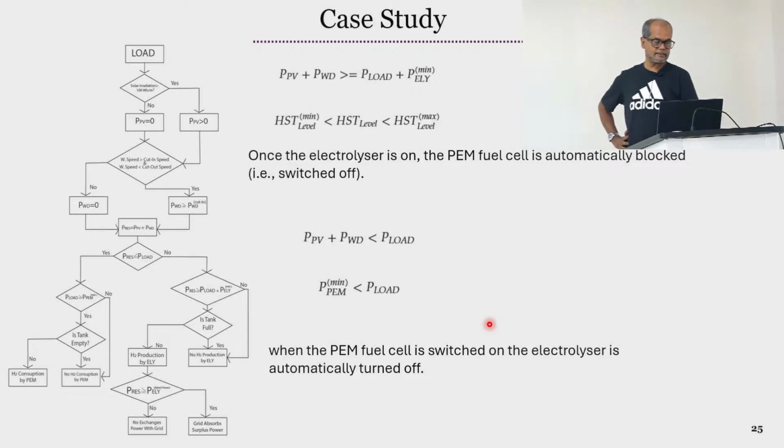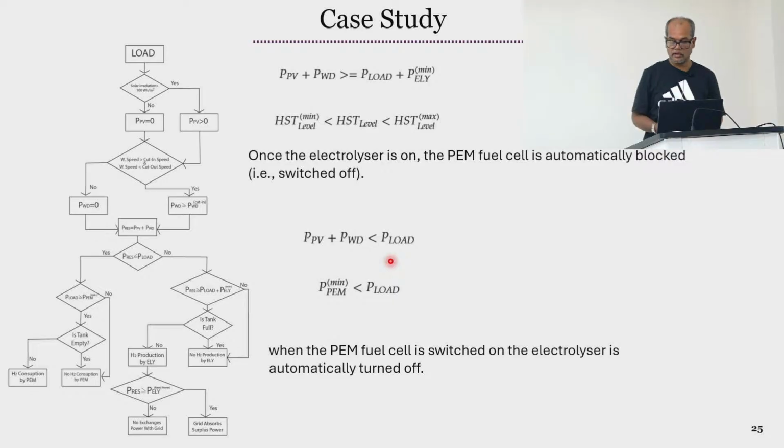So this is only that rule-based control of how you operate your fuel cell and your electrolyzer. I mean, when you produce chemical energy and when you produce electrical energy from chemical, depending on the loading condition and your storage capacity.